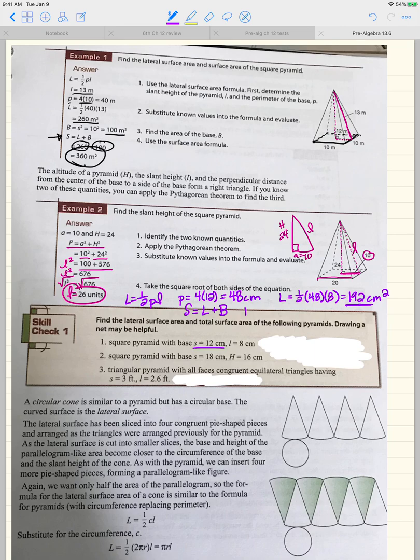The side is 12 centimeters, so big B is equal to 12 squared, which you all should have memorized, is 144. Now, to find big S, we add 144 plus 192, and that gives us 336 centimeters squared.